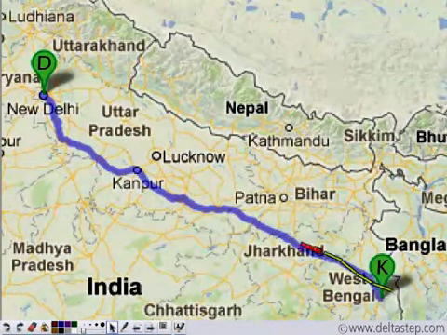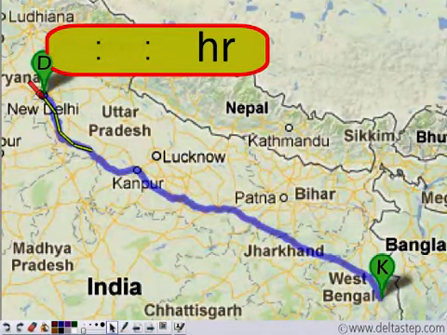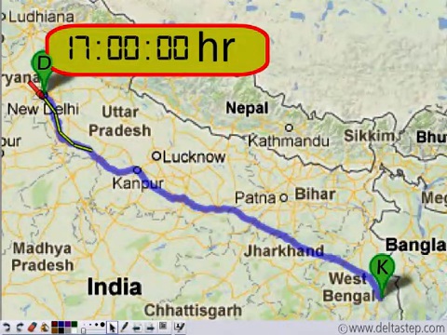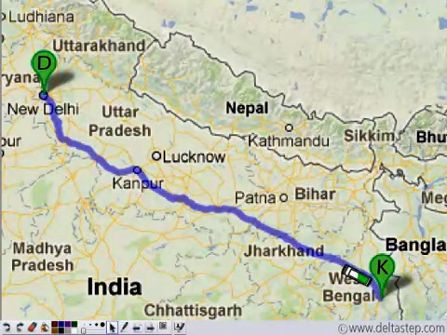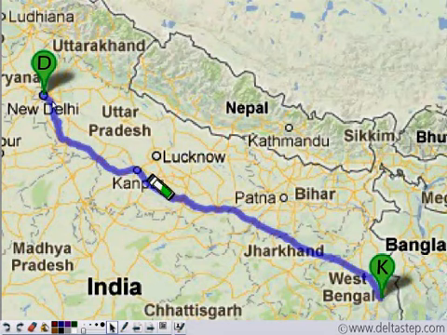If they decide to go by train, then for covering the same distance, train takes 17 hours. And if you consider the bus, to cover the same distance between K and D, a bus would take 30 hours.